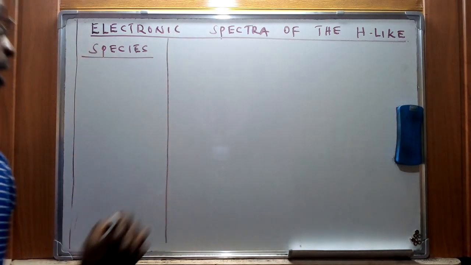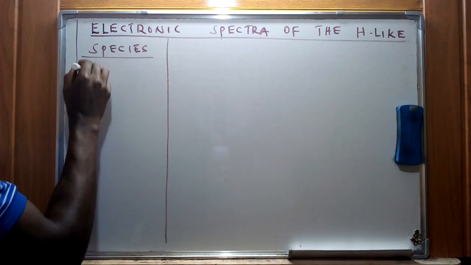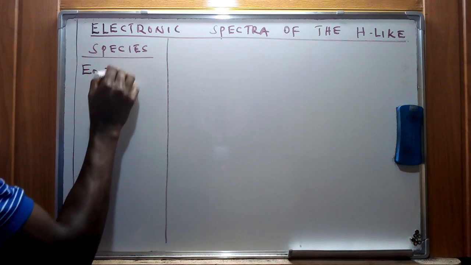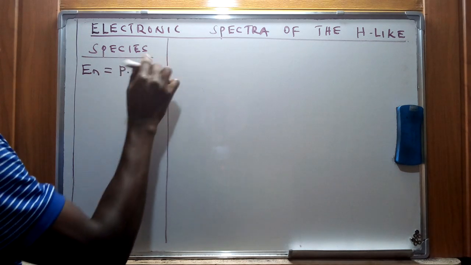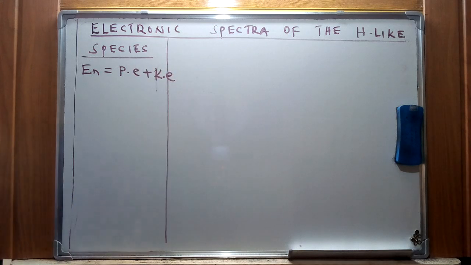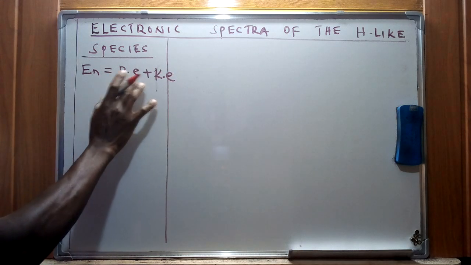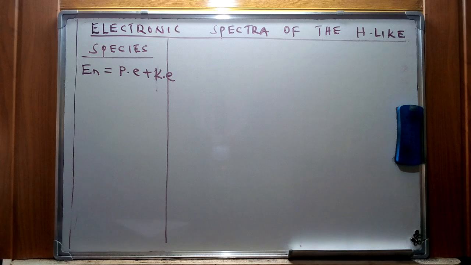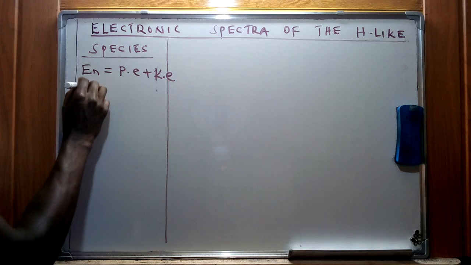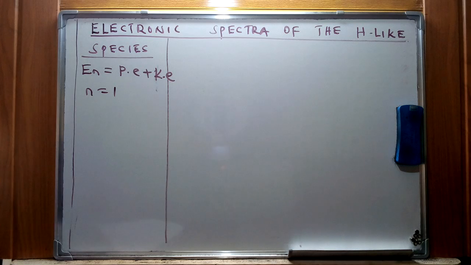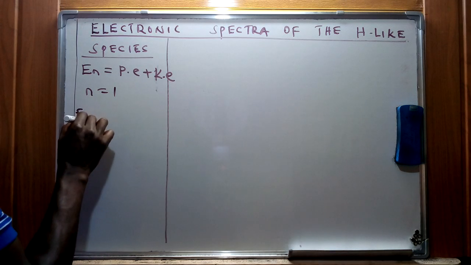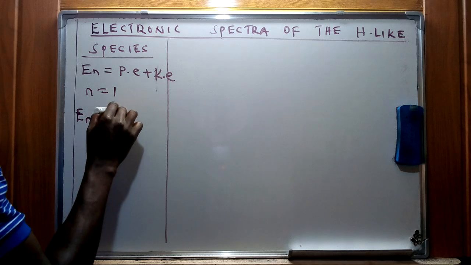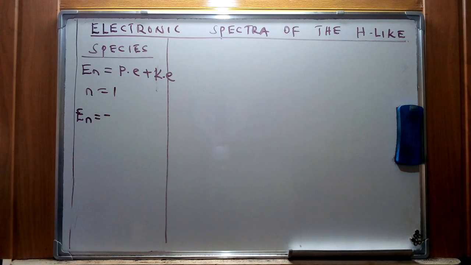So we had said from our earlier discussion that we can represent the energy of a hydrogen-like species as a summation of the potential energy and kinetic energy, which is going to be given as such. For hydrogen-like species, we said the value of n is equivalent to 1, and therefore we are given a general formula for describing this particular energy as a negative value of this particular expression.